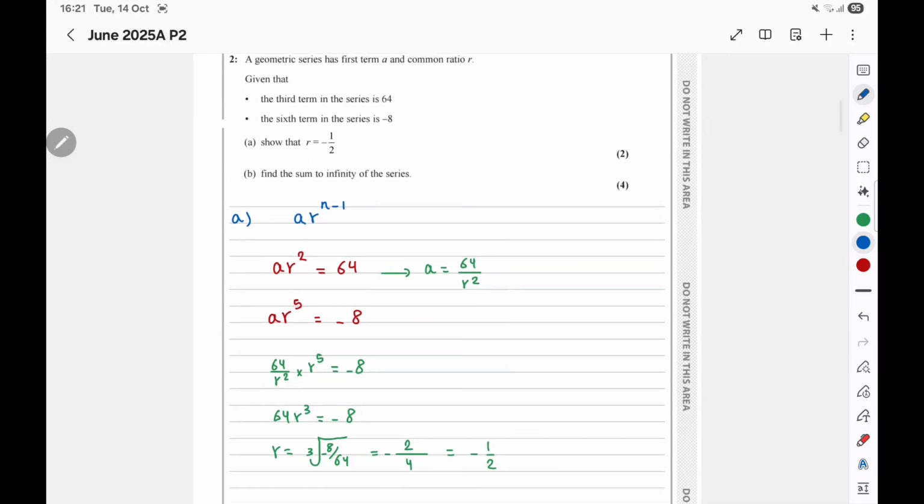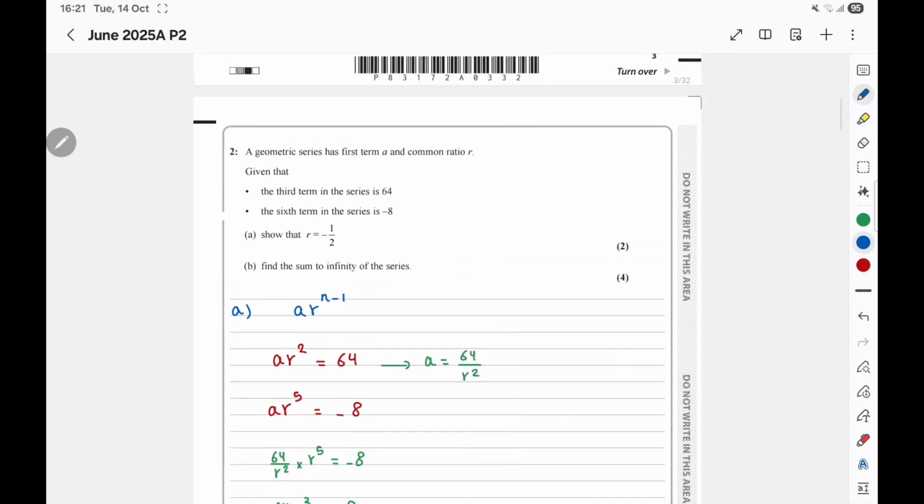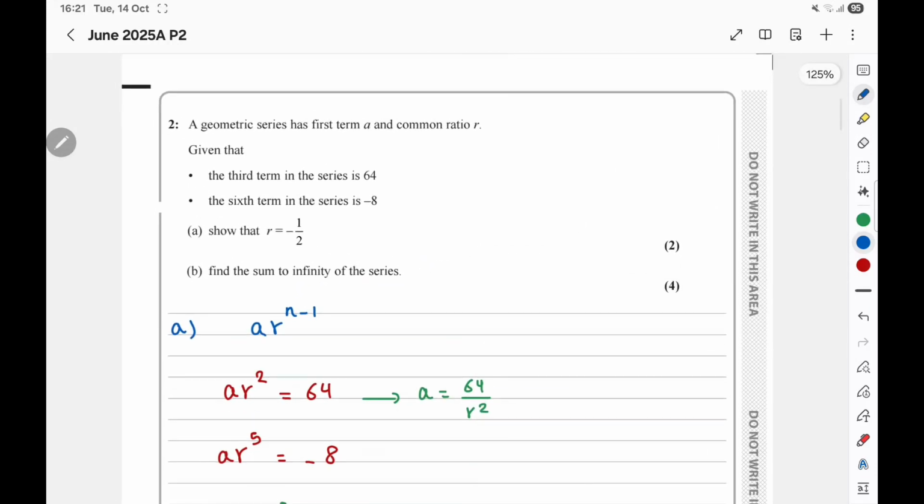Someone else might have thought differently, and assume that 64 is the first term. A is equal to 64, and negative 8 now will be the fourth term. If first term, second term, third term, fourth, fifth, sixth.